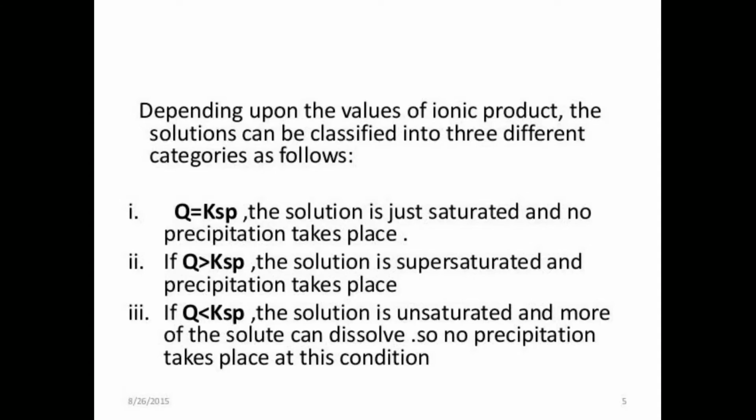The only difference is that the ionic product expression contains concentration of ions under any condition, whereas the expression of Ksp contains only equilibrium concentrations. First condition: if ionic product is equal to Ksp, the solution is saturated and solubility equilibrium exists.